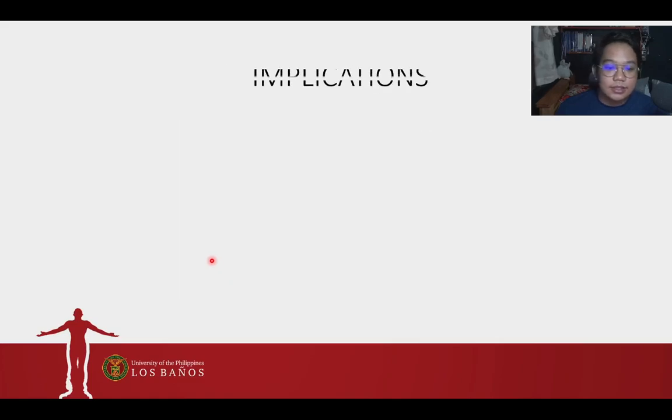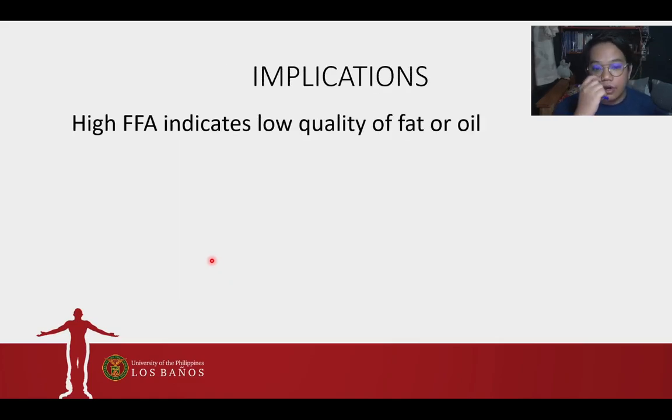Okay? Then, what are the implications of the value of your FFA? So, pag mataas yung inyong FFA, it just indicates na low quality na yung ating fat and oil. Bakit low quality? Ibig sabihin, marami ka nang na-detect na free fatty acid dun sa ating oil, kaya mataas yung FFA number natin. Kasi kung mababa yan, ibig sabihin, hindi pa nagbe-break or wala pang hydrolytic rancidity na nagaganap.